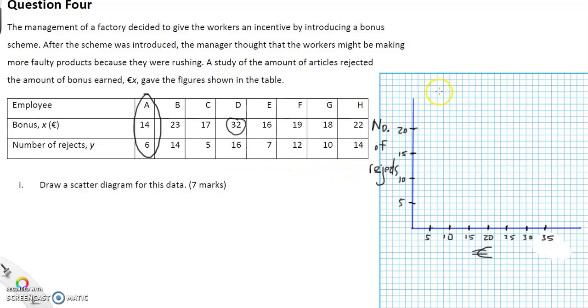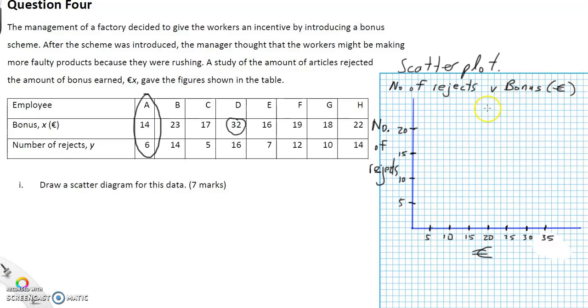Now also we could put a title on our graph. What we call a scatter plot. Scatter plot. And then further detail on the title: number of rejects versus bonus in euros.